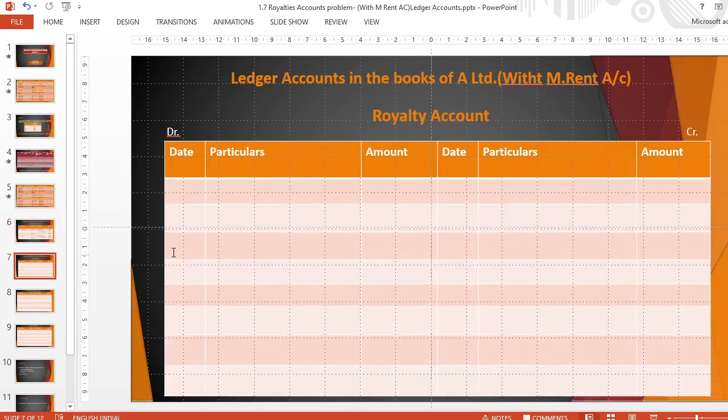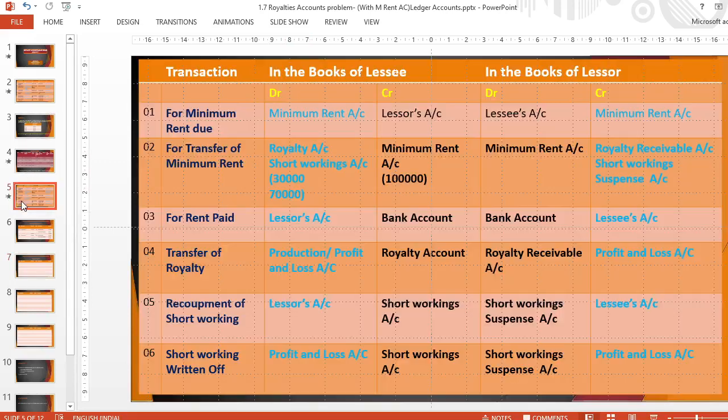After this, the second ledger account is royalty account. In this ledger account, again I'll show you the journal entries first. The first transaction is transfer of minimum rent and the second transaction is transfer of royalty to production account. So these two entries will appear in royalty account.